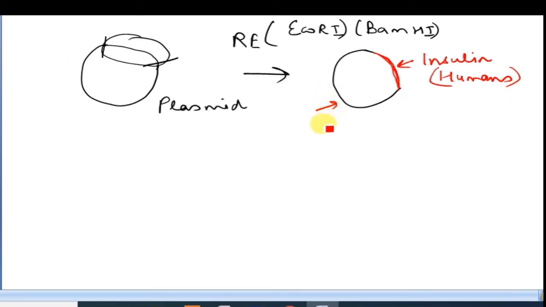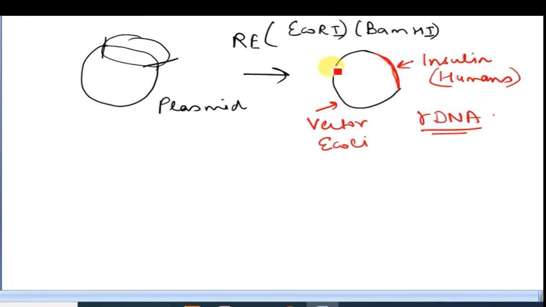So this was the vector, or the plasmid of E. coli, and this was the insulin from humans. So this is how you prepare your recombinant DNA. This structure is called recombinant DNA. Okay, so this is formed by ligation of this human insulin gene to the vector DNA, right? This was formed by ligation of these two.